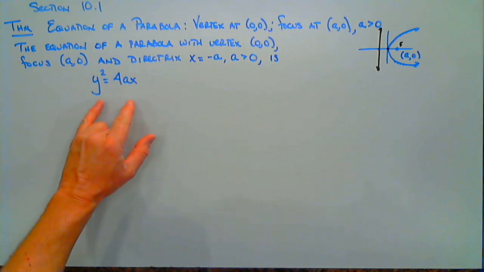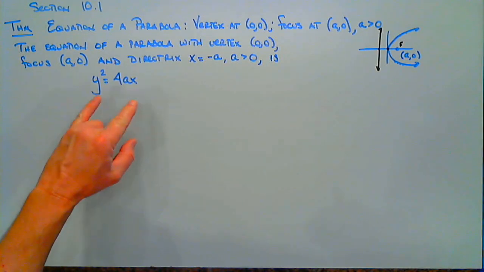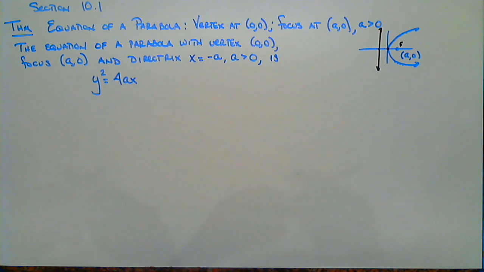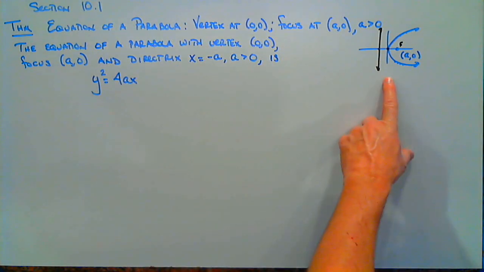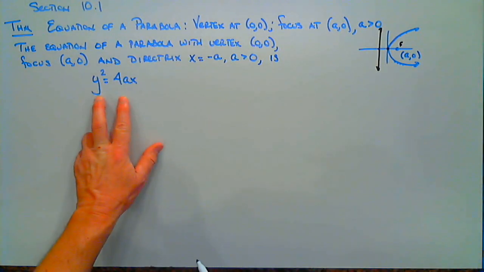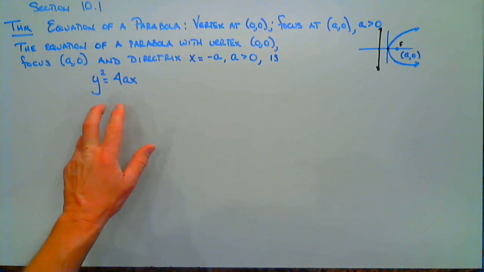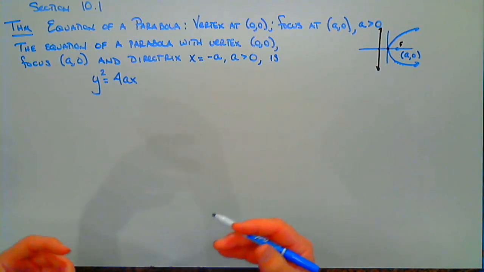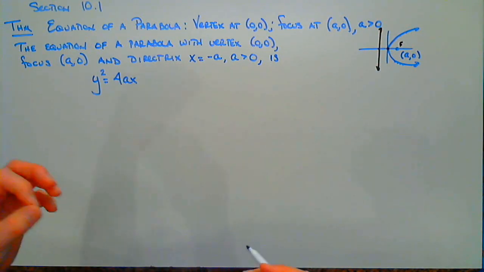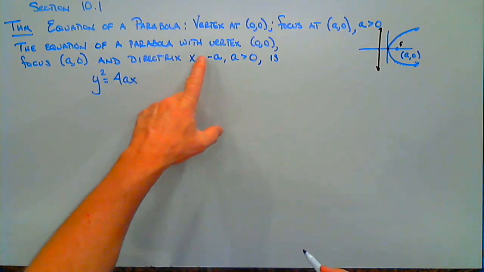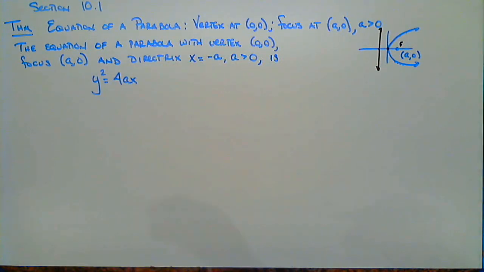I realize that does not look like your basic parabola from back in Algebra 2, because back then your parabola opened up. Our parabola opens to the right. And this parabola is based on our decision to pay attention to the vertex and the focus.